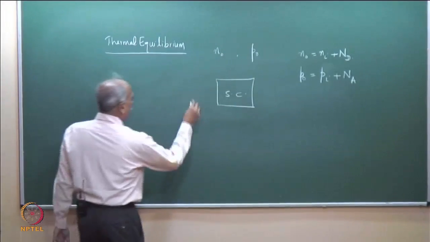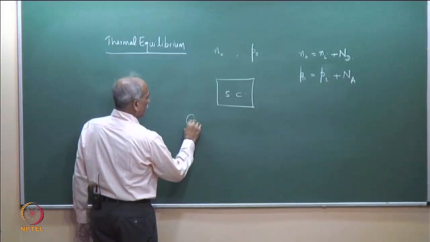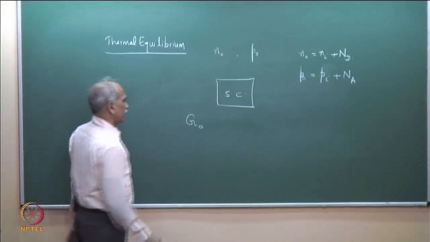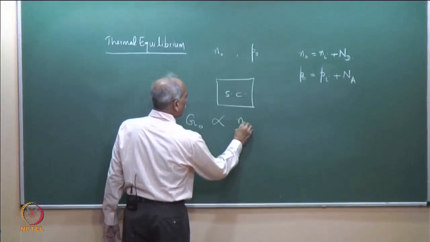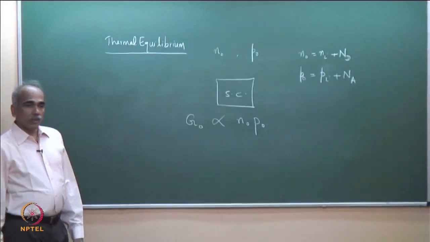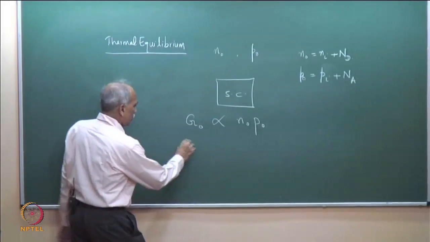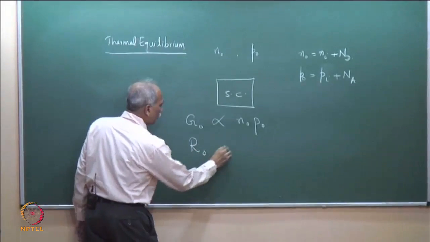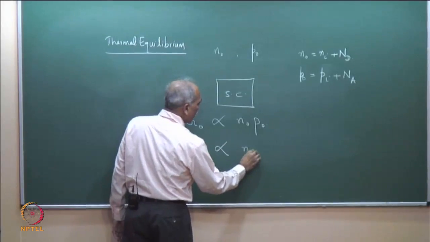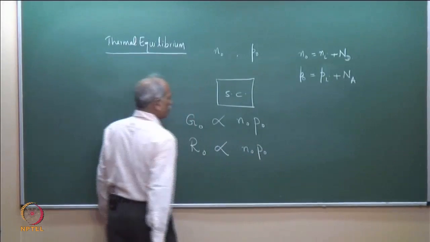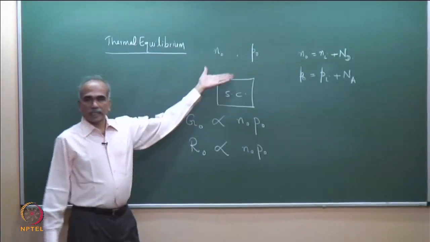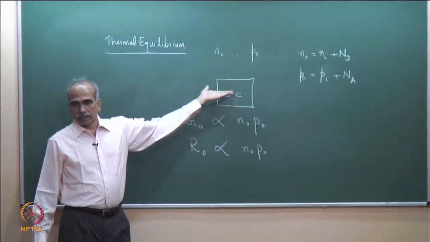Then the rate of generation, which I call G0, is proportional to N0 into P0, and the rate of recombination R0 is the same as the rate of generation. N0 and P0 are the carriers available in the semiconductor.